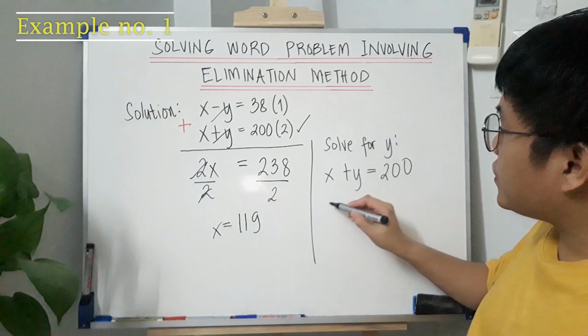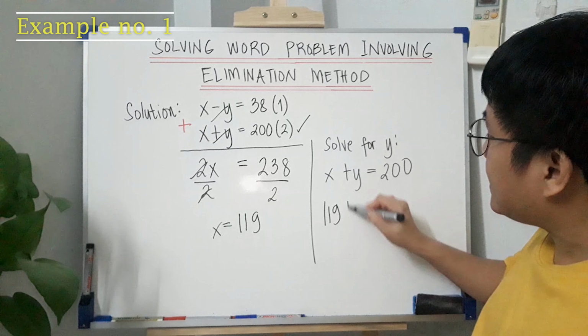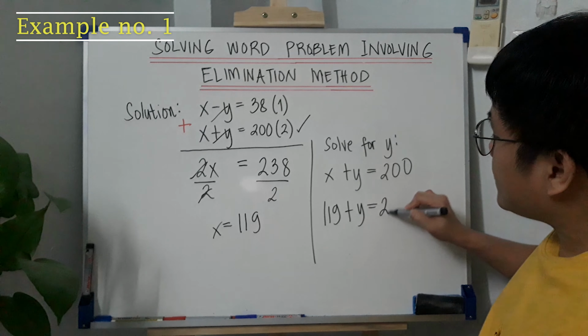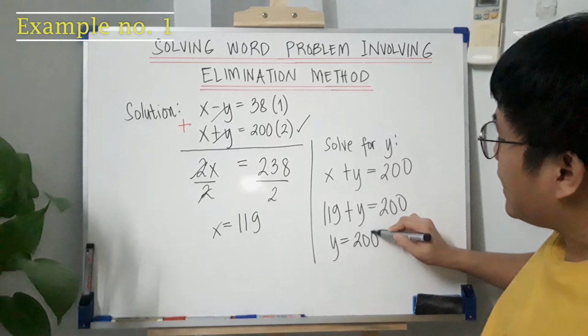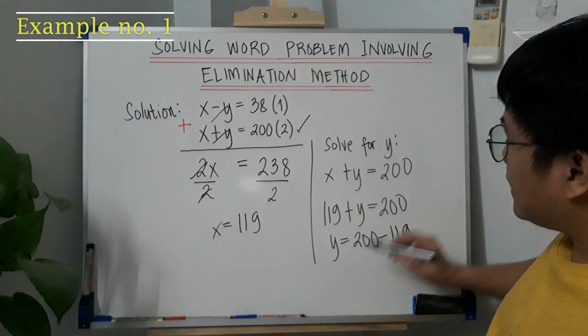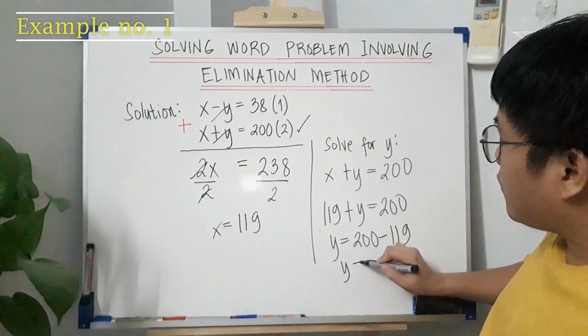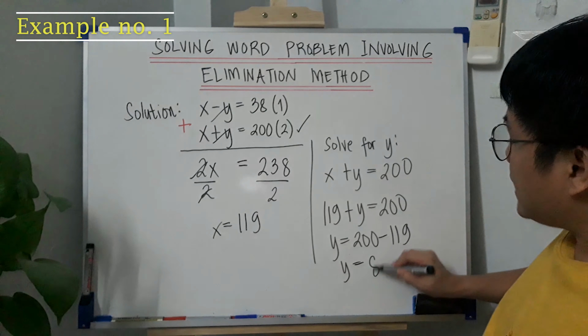That will be 119 plus y equals 200, which is y equals 200 minus 119, which is y equals 81.